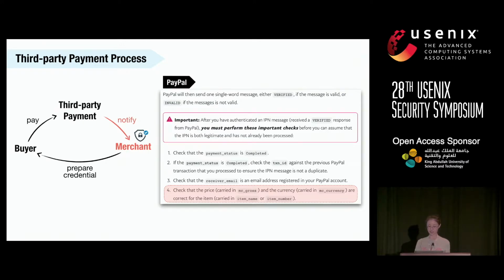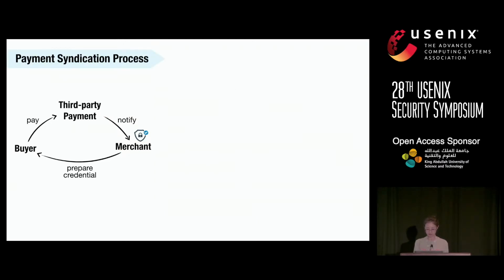If the merchant does not check it, the adversary may shop a product at an arbitrary lower valued currency, such as using the Chinese RMB instead of the US dollars.